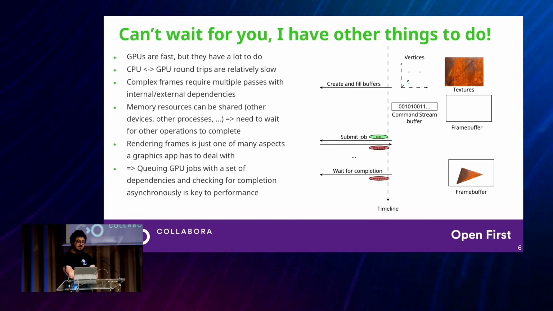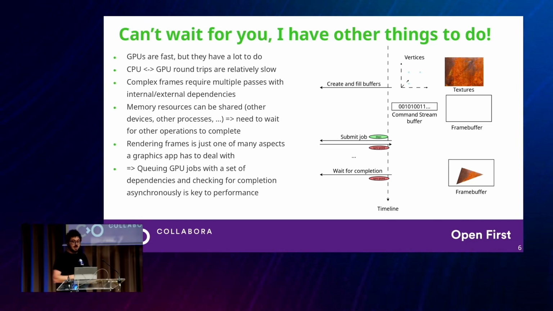So each side is pretty damn fast. But the problem is when you have to actually synchronize between the CPU and the GPU. And sure, this is not so slow when you have to do that, but compared to how fast each component is independently, it starts to matter if you just wait every time you ask the GPU to do something, until it finishes what you asked it to do.